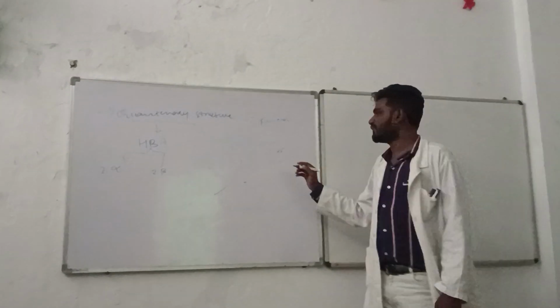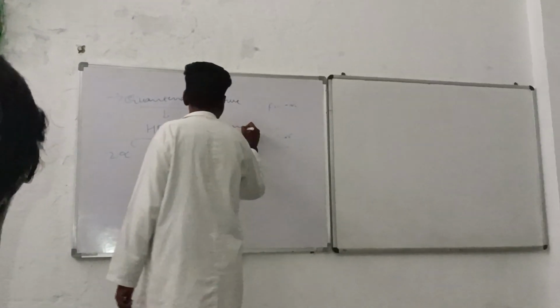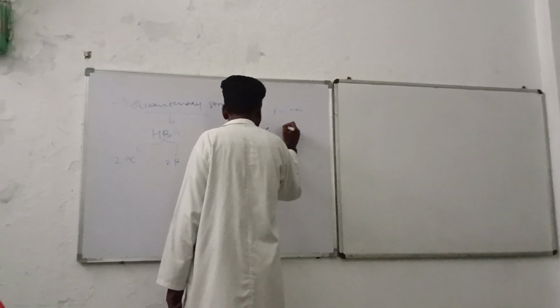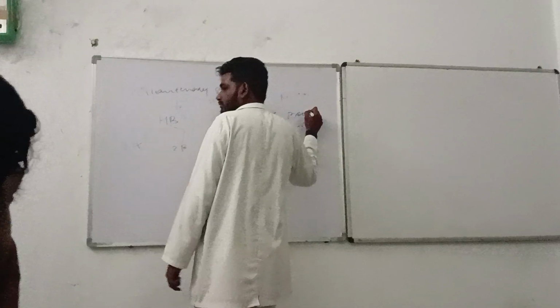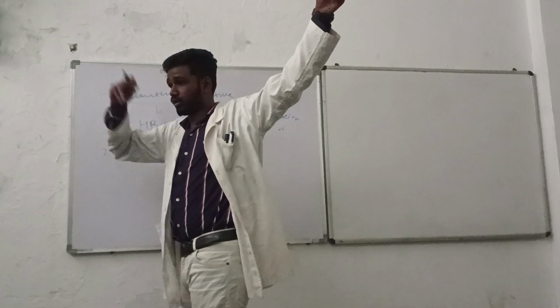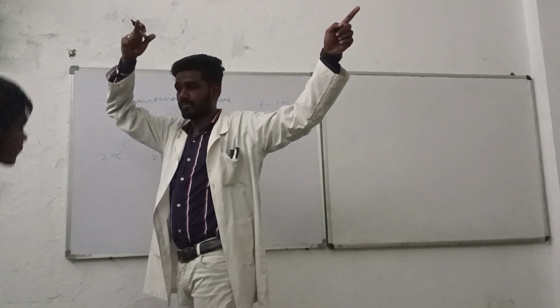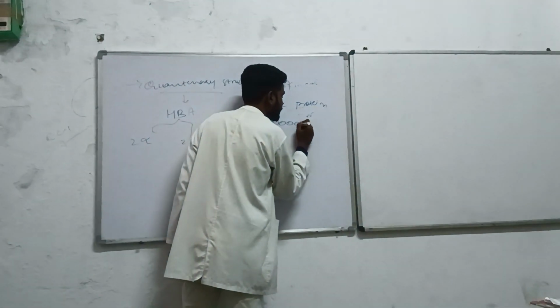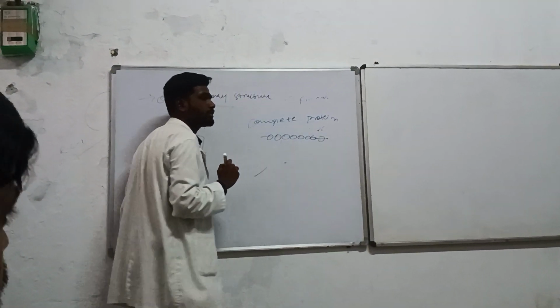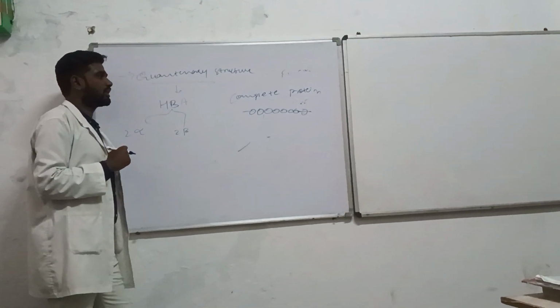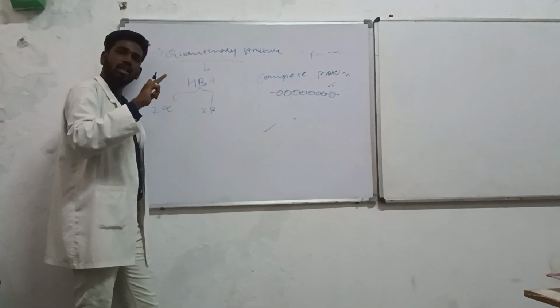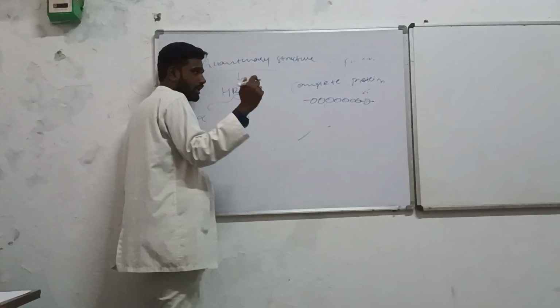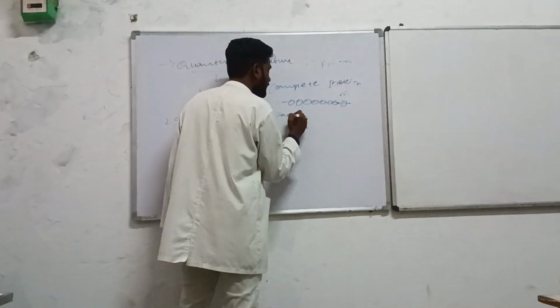Basic differentiation between the complete proteins and the others: complete proteins have all the amino acids. All the amino acids. ठीक है? They have completely all the 10 essential amino acids.